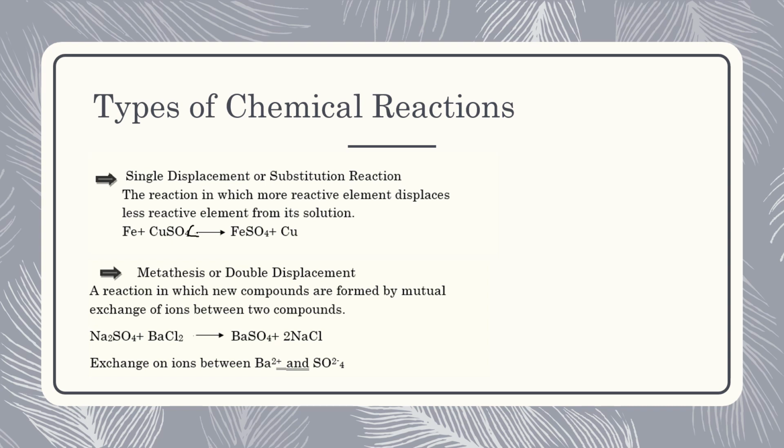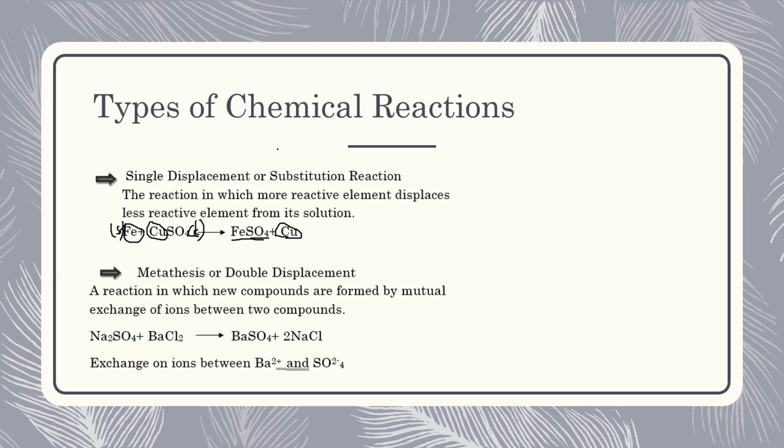So your copper sulfate solution would be in the liquid state here we can see, and Fe would be in the solid state. Yes, so here as we can see, Fe is a more reactive metal than Cu. So as it is more reactive, it takes away SO4 from Cu and Cu would be left out alone, whereas FeSO4, iron sulfate, would form. So this is the single displacement.